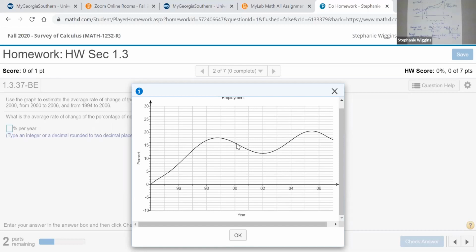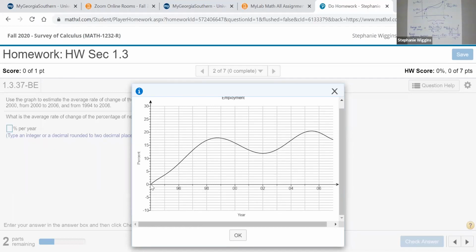It starts at 0 in 1994, and the percent increases, and then it decreases a little bit. But by the time you get to 2000, you are at a height of, let's see, it's kind of hard to see, hold on, 16. So you go from 0 to 16. That's in the vertical direction, so that is your numerator. The change in your numerator from 0 to 16 is going to be 16%.